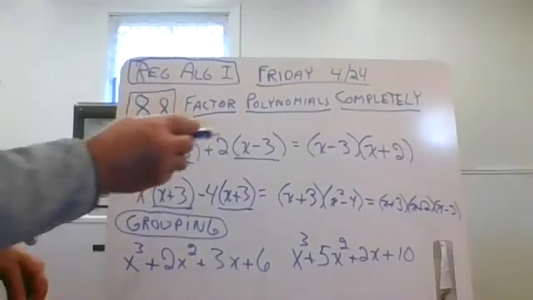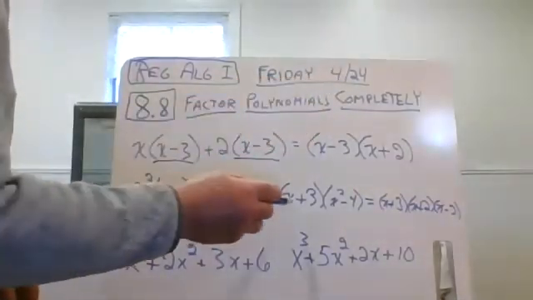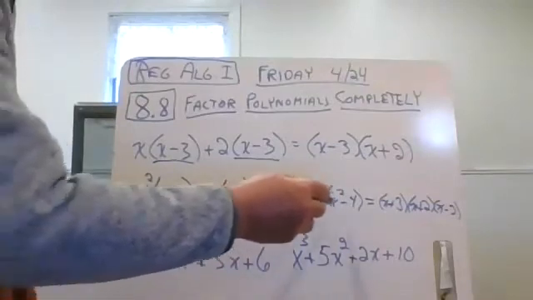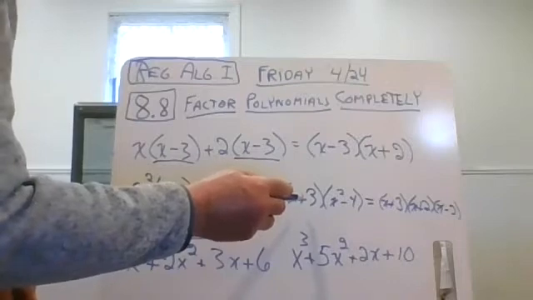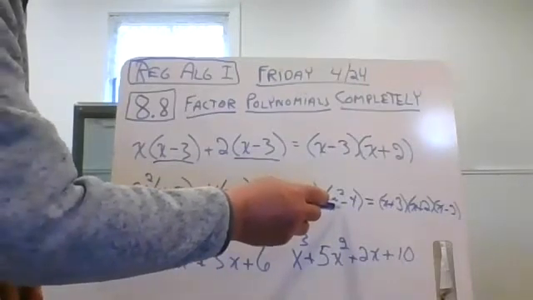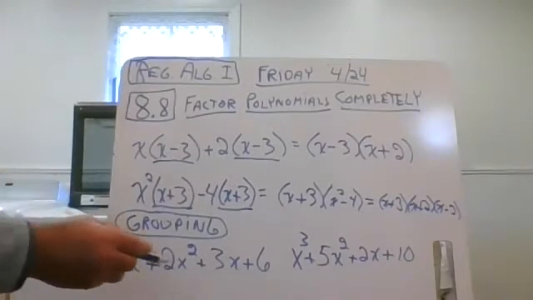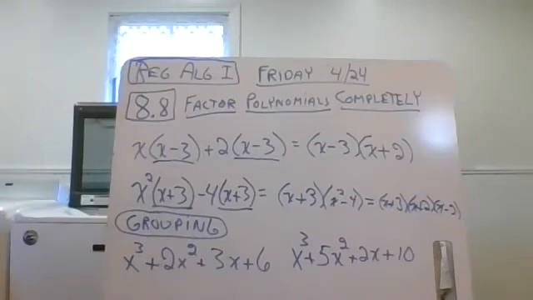So that's the whole thing about factoring completely. You're not done right here. It's factored, it's written as a product, but it's not completely done until you factor this. Okay, now this next type, you have 4 terms that you're going to deal with.